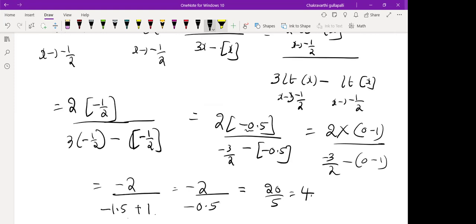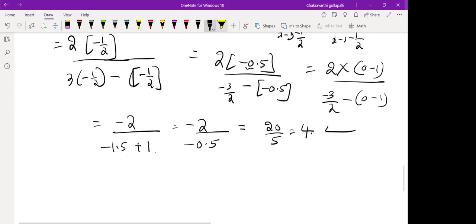It takes only the integer part, 0. And it is negative. Negative means integer part minus 1. If it is positive, take only the integer part. If it is negative, take the integer part minus 1. So box of minus 0.5 is 0 minus 1, which is minus 1. So this is 2 into minus 1, which is minus 2, divided by minus 3 by 2 minus of minus 1, that is minus 1.5 plus 1, which is minus 0.5. Minus 2 divided by minus 0.5: minus by minus becomes plus, 20 by 5, which is 4. This limit exists.